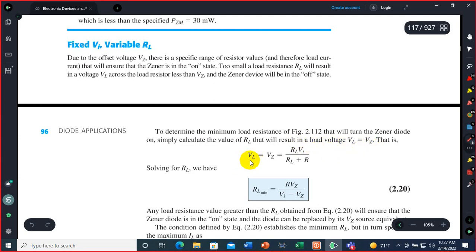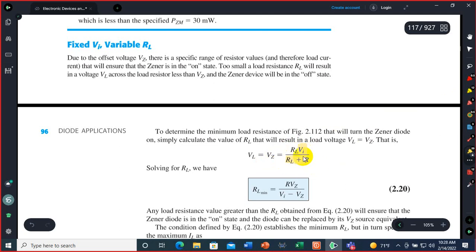So in this case, VL equal to VZ, and this is the VZ. VL equals Vi times RL divided by RL plus R. This is the current, I times R, which is the voltage drop. Let me just highlight this portion. This portion is your current I, and IR equals the voltage drop.